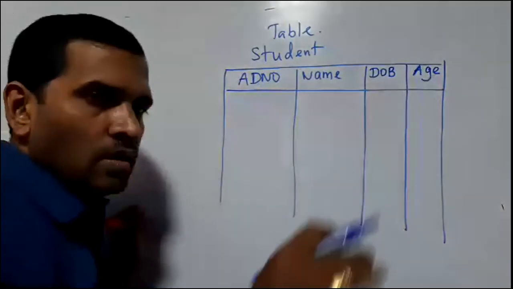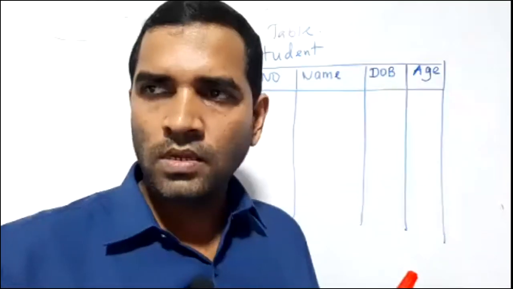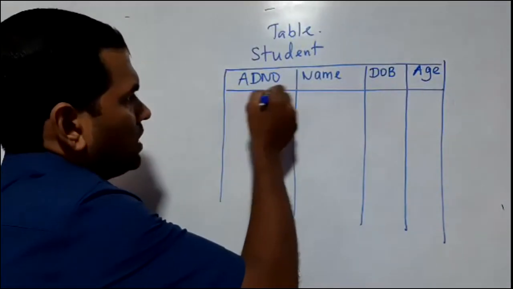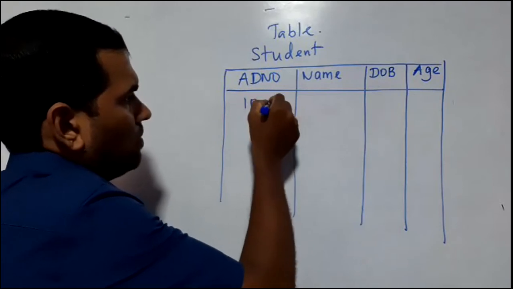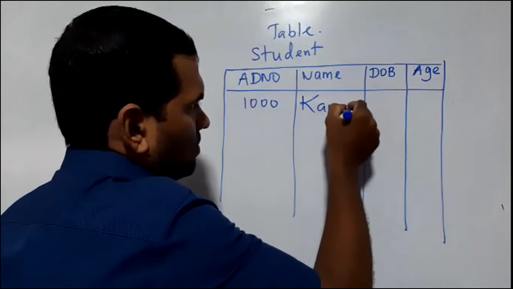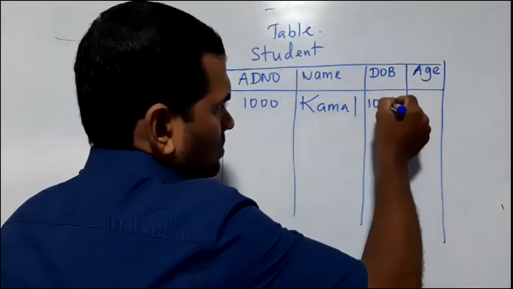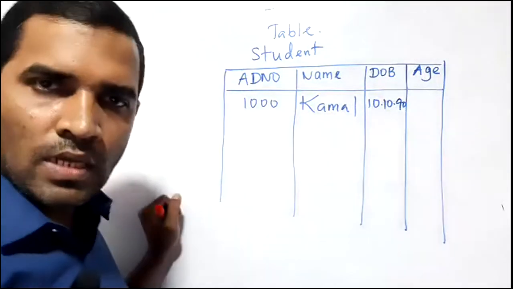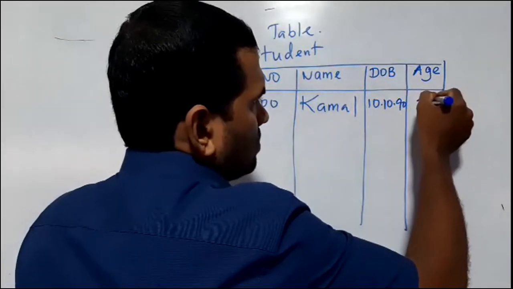So let me add 2 or 3 students' details, then only I can explain some of the terms. So I need some data. Let me take admission number 1000. I take the name as Kamal or something. Date of birth, I write it in short: 10/10/90, 1990, simply 90. So there is an age or something.